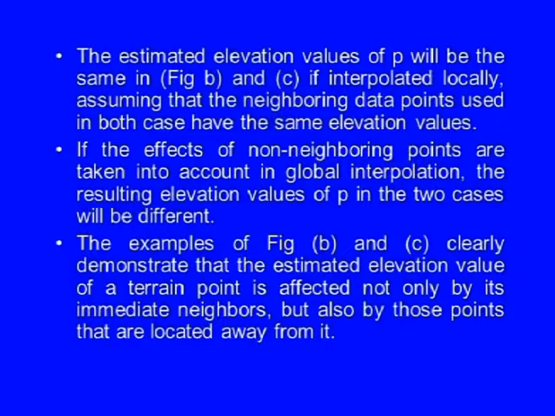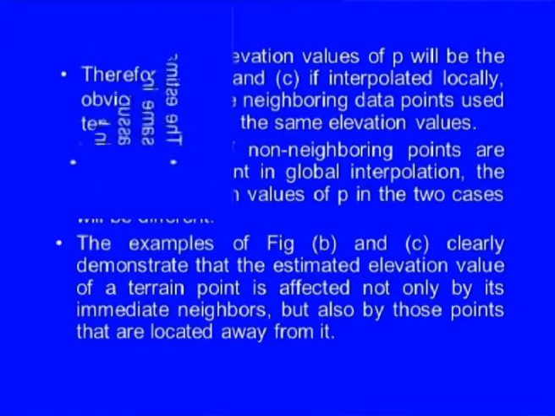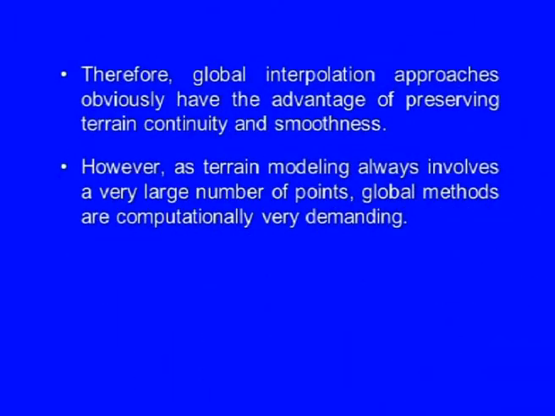The examples of figure B and C clearly demonstrate that the estimated elevation value of a terrain point is affected not only by its immediate neighbors, but also by those points that are located away from it. Therefore, global interpolation approaches obviously have the advantage of preserving terrain continuity and smoothness.